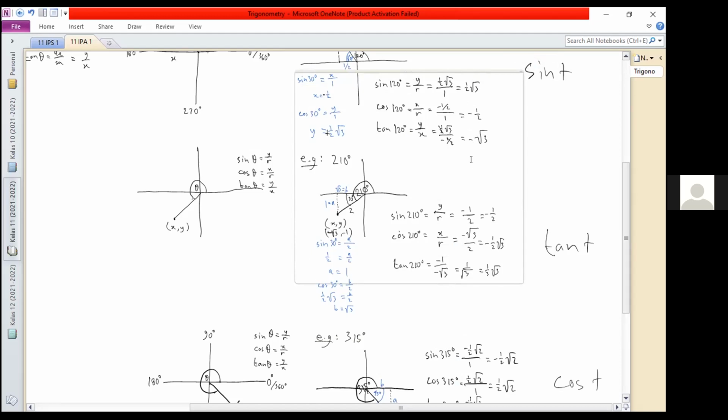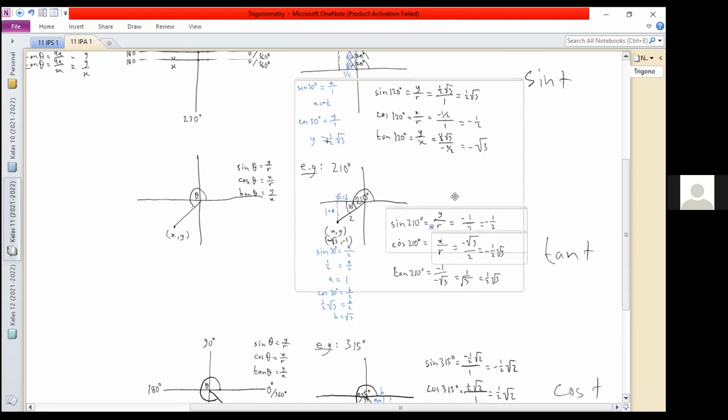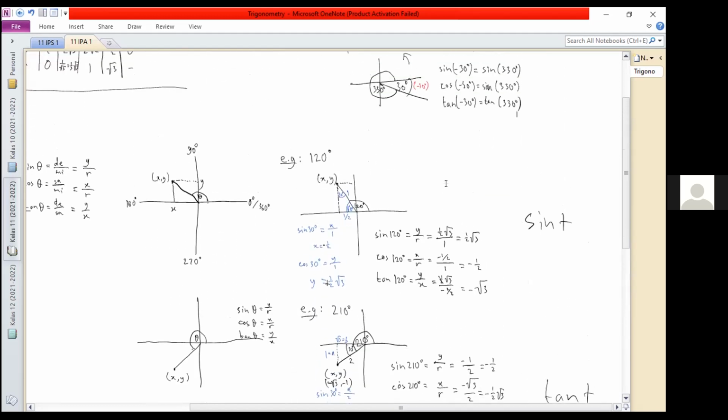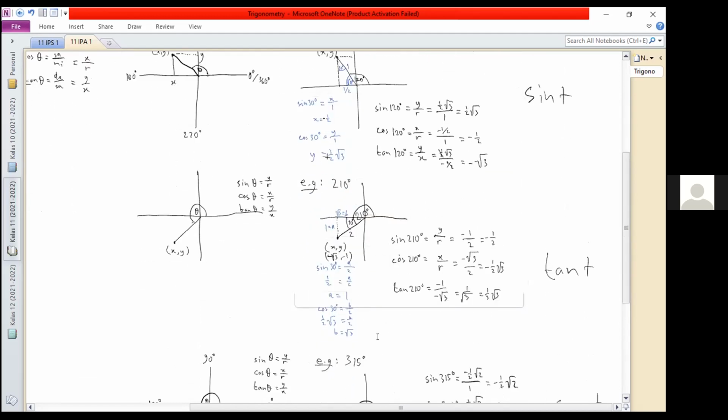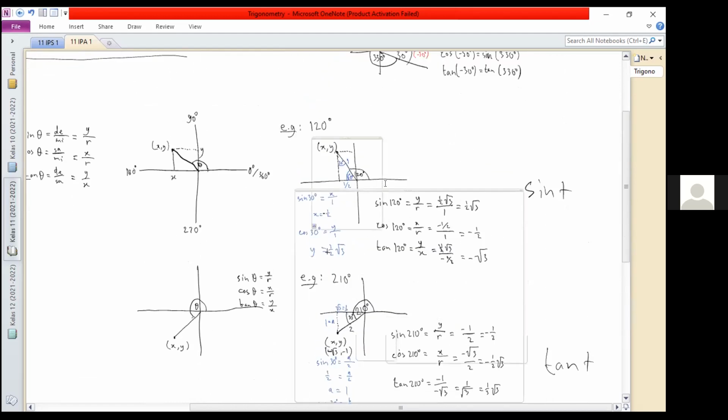of the special angles in 0 to 90 degrees. And why is that? Because if you look closely, I chose the angles here so that it becomes like that.